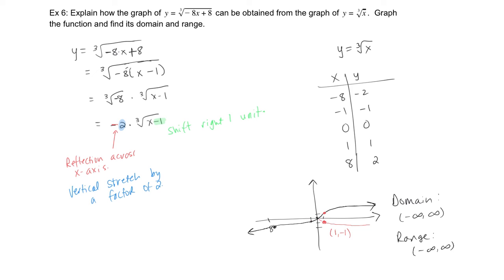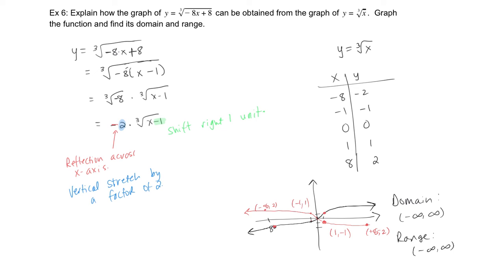This point here reflects across, so at -1, it's at +1. This point right here was at -8, -2, and that's now at +2. So my curve is going to go like that because of the reflection. There's going to be another point here that was at +8, -2.